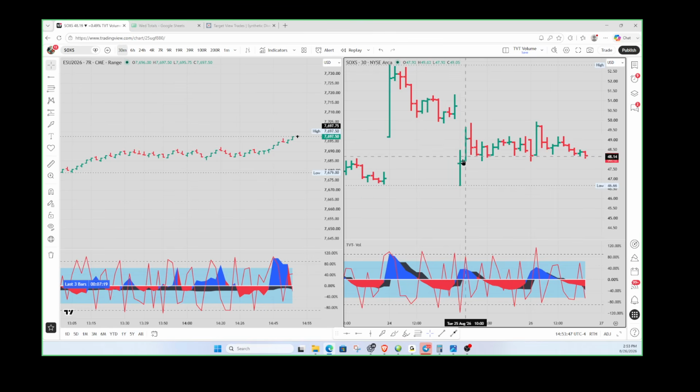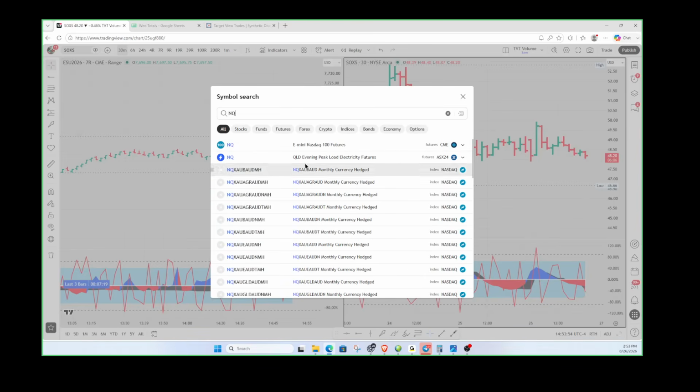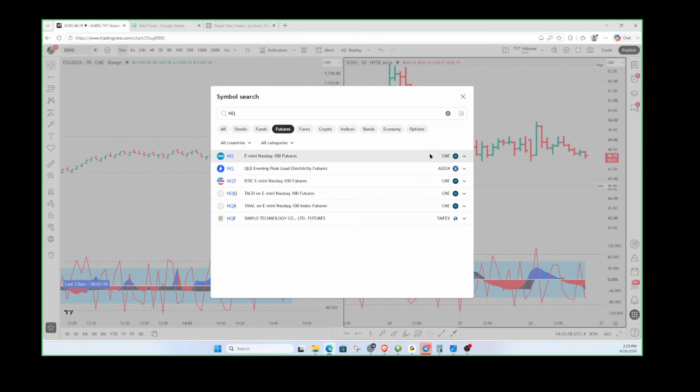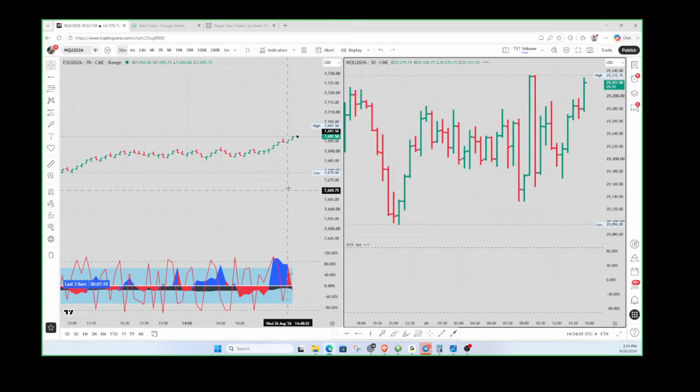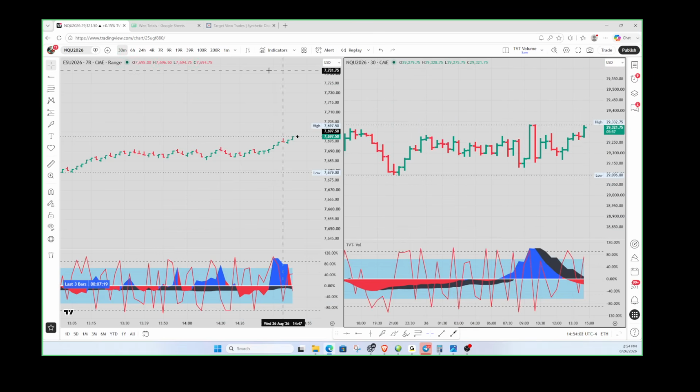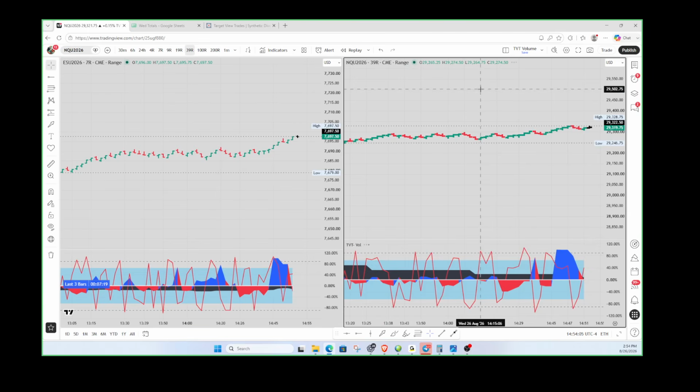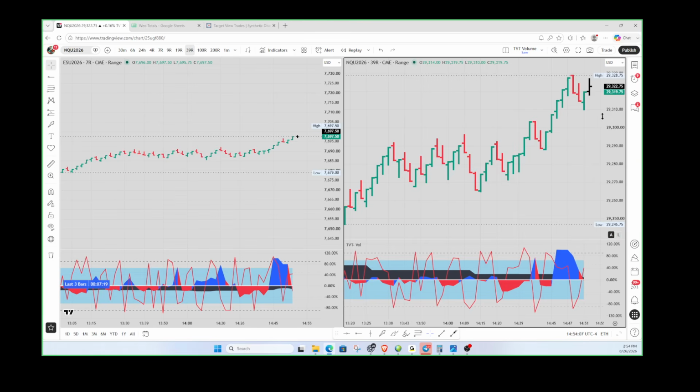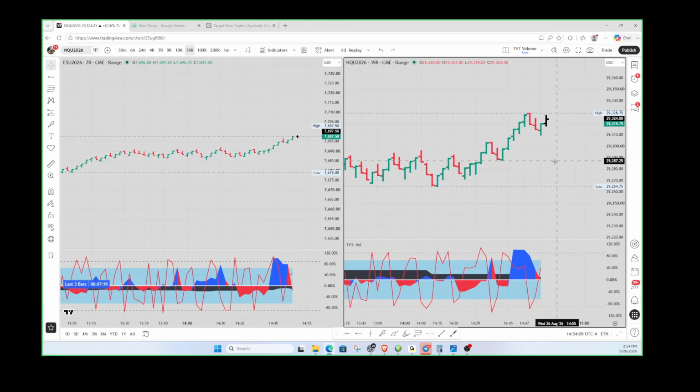So those were a lot of words. There was something I wanted to show you guys. Let me put this back on the NQ for a minute, and I'll see if I can do it with just futures. And I'll put this on the 39 range again, and drag it down here again.